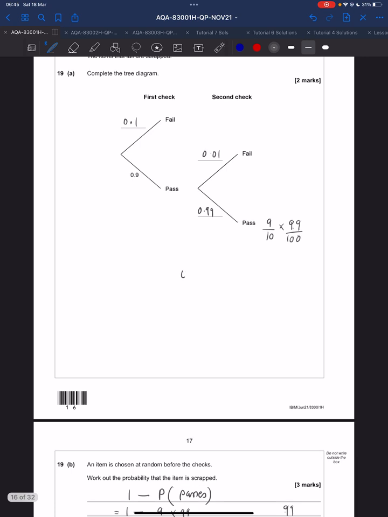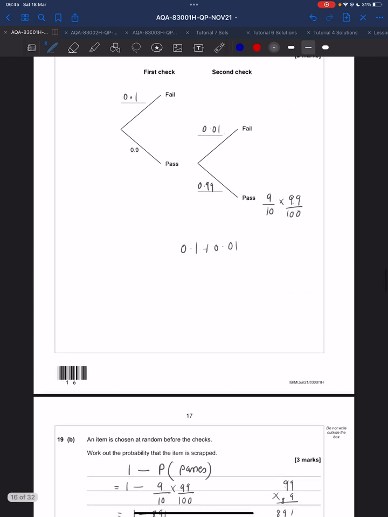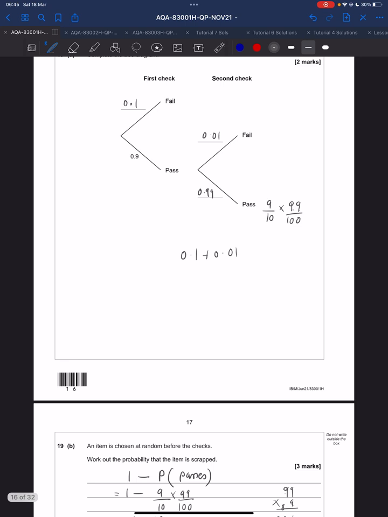So it's not just 0.1 plus 0.01. Just slightly different. So to go down that branch is 0.1. 0.1 people go down that first branch.